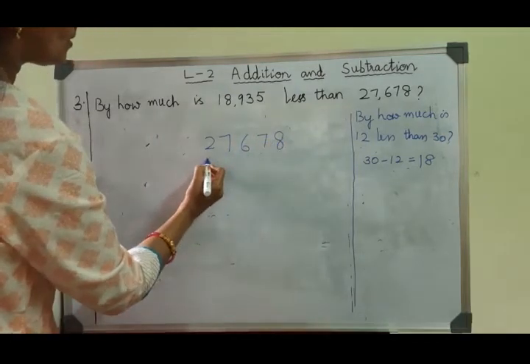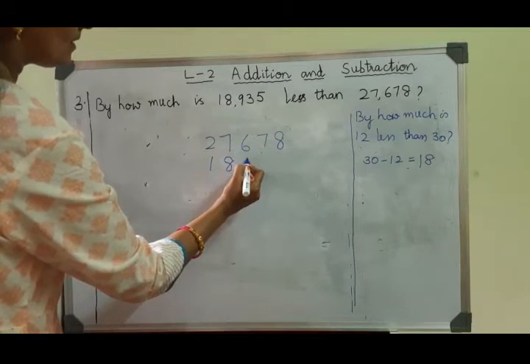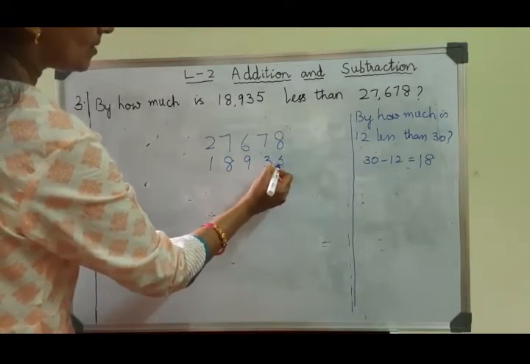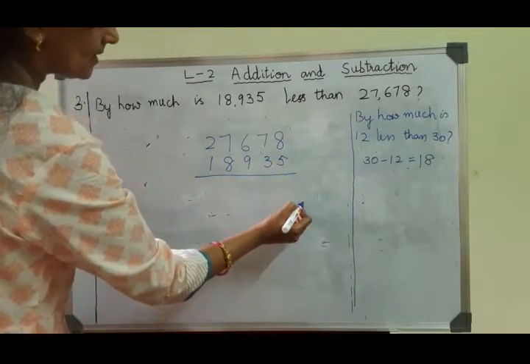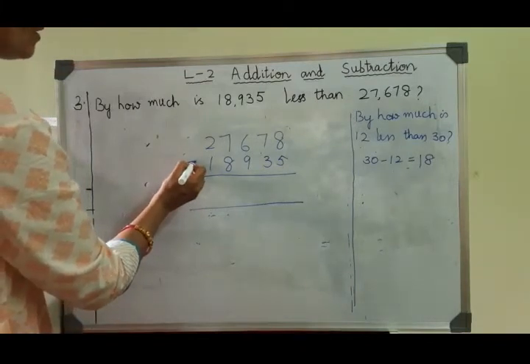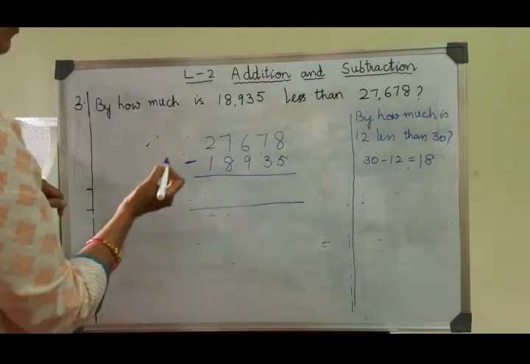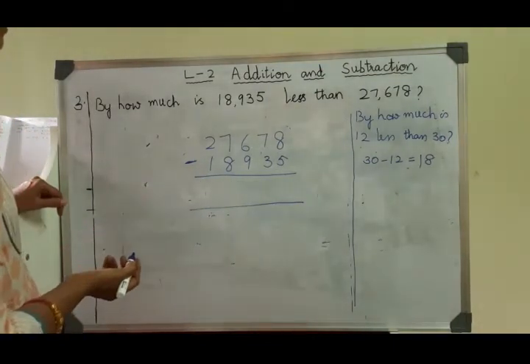Observe the place values. See here how it is written, exactly below the places. All the places should perfectly align. Then only the answer will be correct. Don't forget to write the subtraction sign, otherwise how will the evaluators know whether it is a subtraction or addition sum?